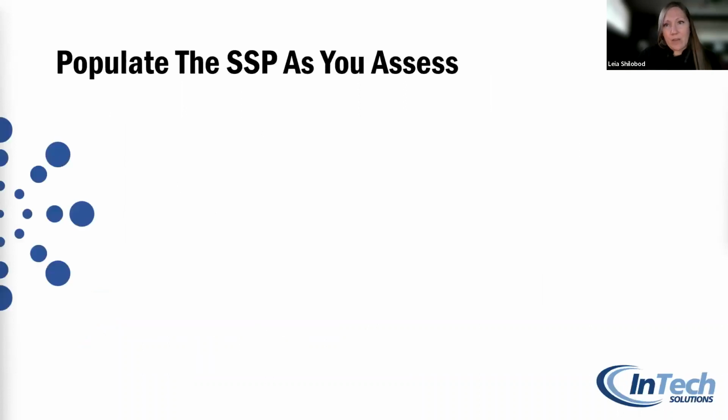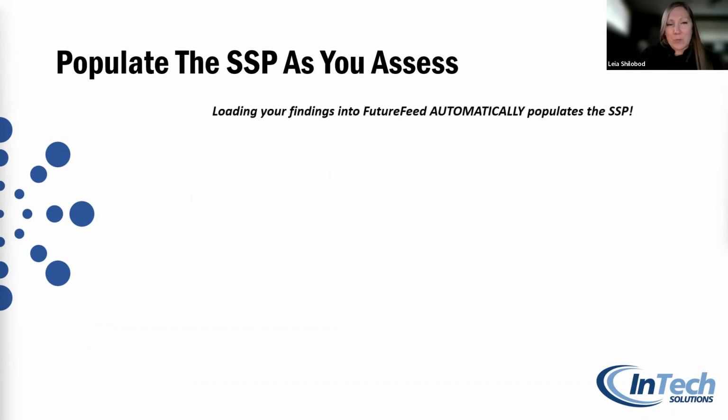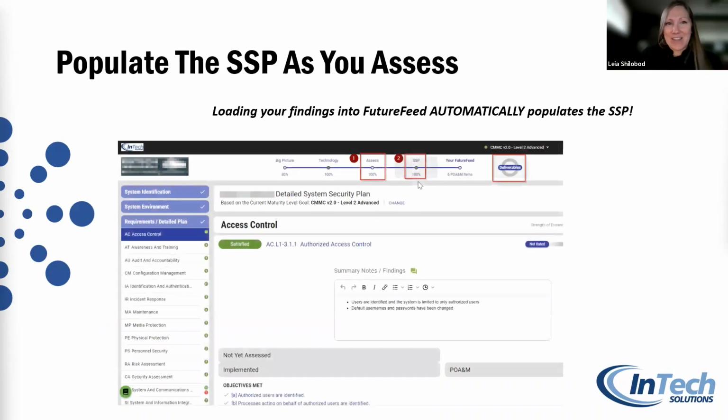The other thing that I love about FutureFeed, and this is one of the reasons why we not only selected but maintain the tool, is because as you're loading your findings into FutureFeed, it's automatically populating the SSP. So what does that look like? It looks something like this, where first you're going through the assessment section where you're actually assessing each one of the controls and its implementation, making notes about the implementation directly in there.